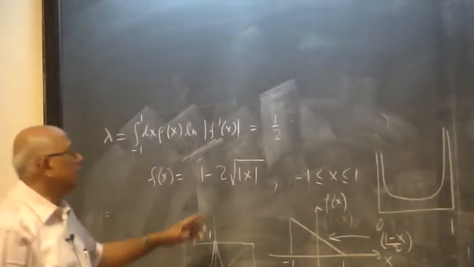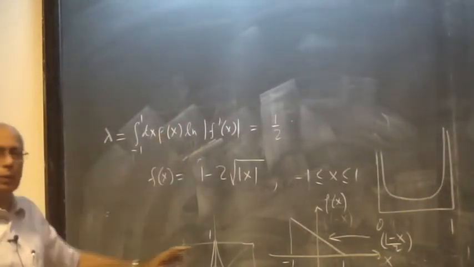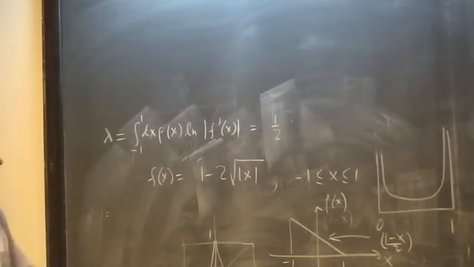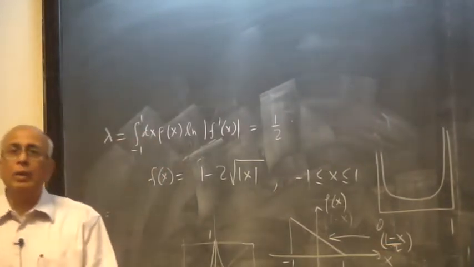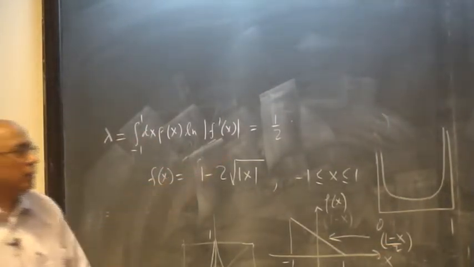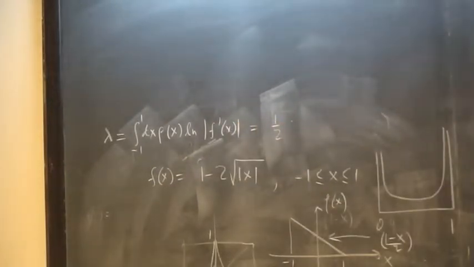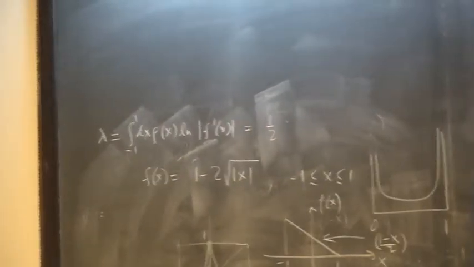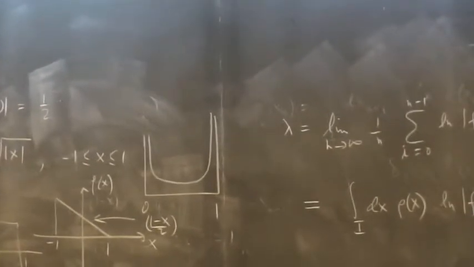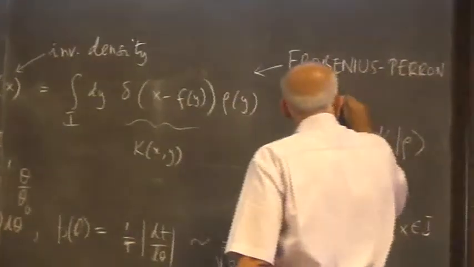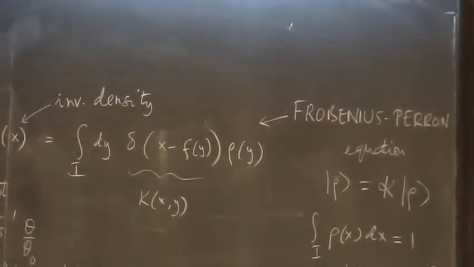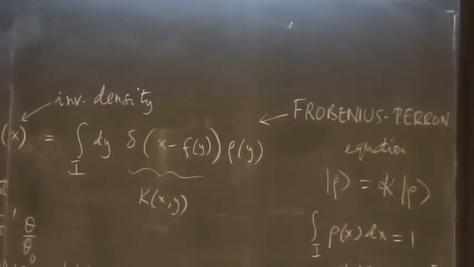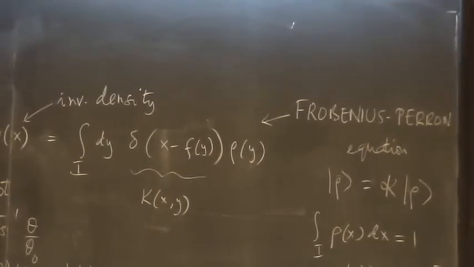So, again, exercise. Check this out. And you could try to find the invariant density, this quantity, 1 minus x over 2, by writing the Frobenius-Perron equation in this case, that integral equation. I didn't mention that. This equation is the analog of the Liouville equation for the density matrix in this particular case.